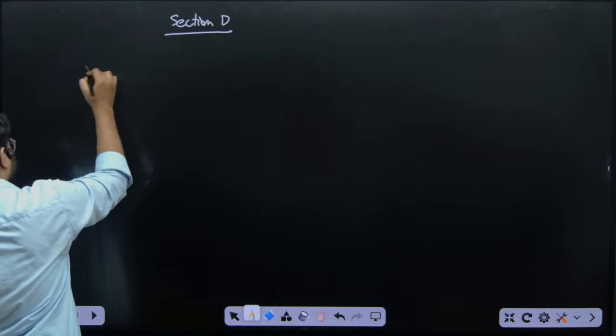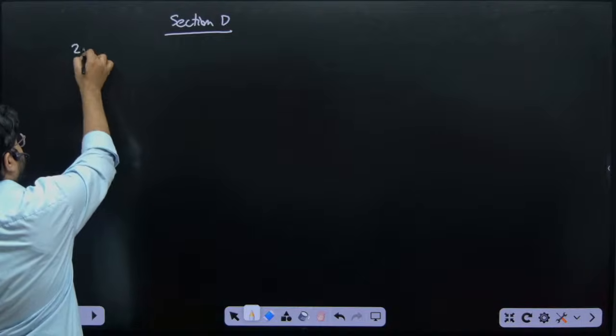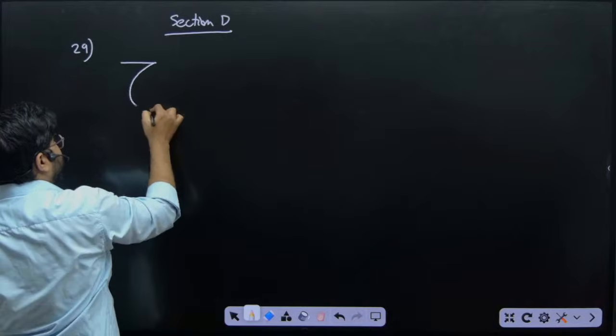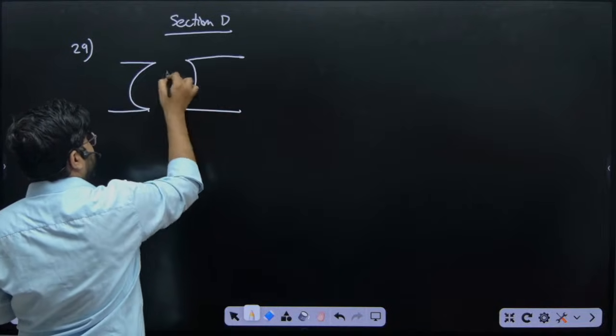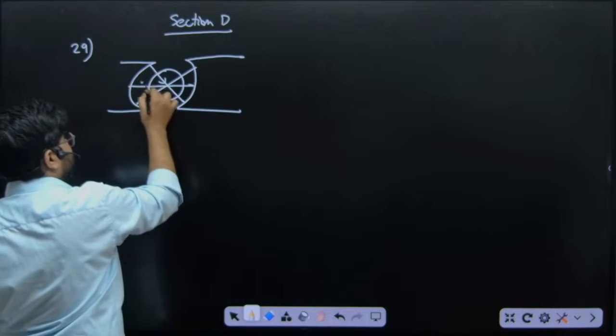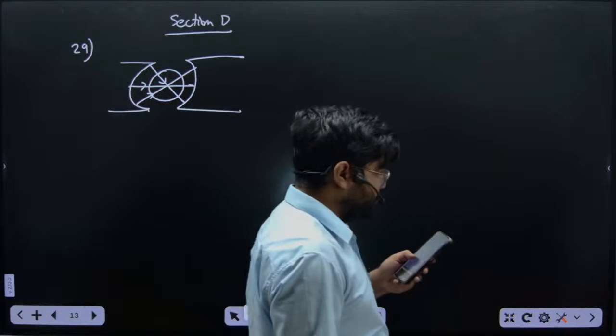If you remember, in the construction of a galvanometer, radial magnetic fields are there, due to which the torque remains constant. So the answer should be radial magnetic field, option B.